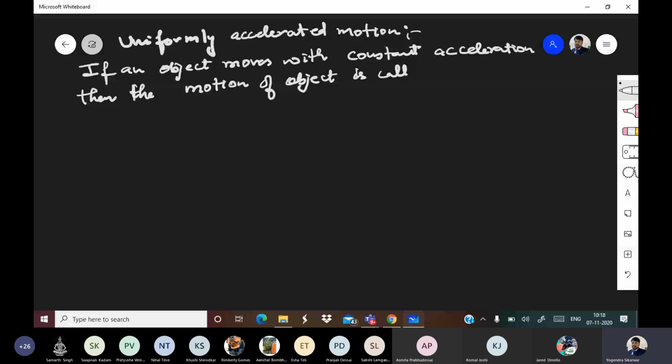So the criteria for uniformly accelerated motion is that acceleration has to be constant. So a is equal to constant.